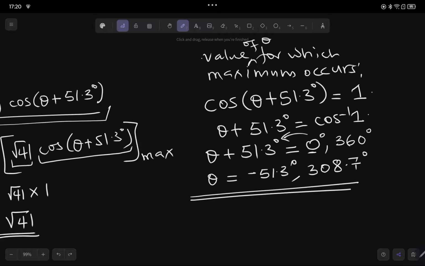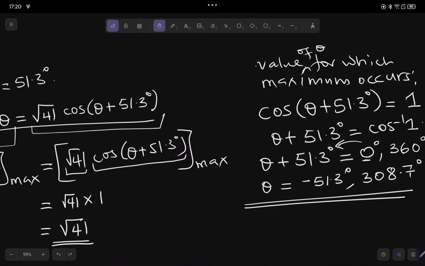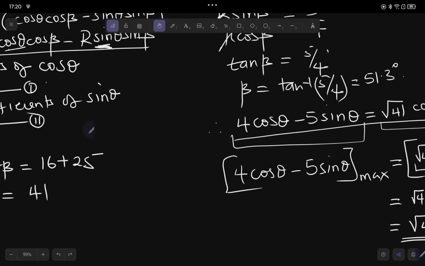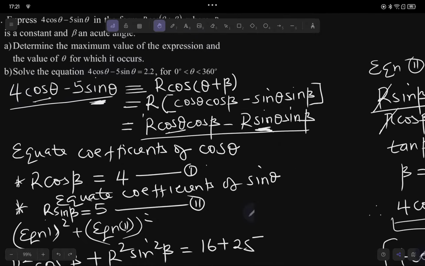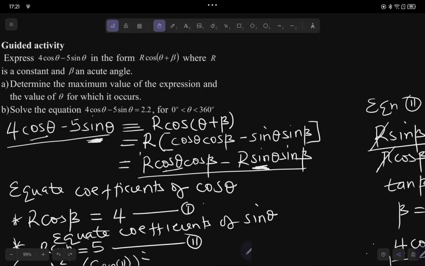Next, we are going to look at the other parts of the question. Part B was saying, solve the equation 4 cos theta minus 5 sin theta is equal to 2.2.